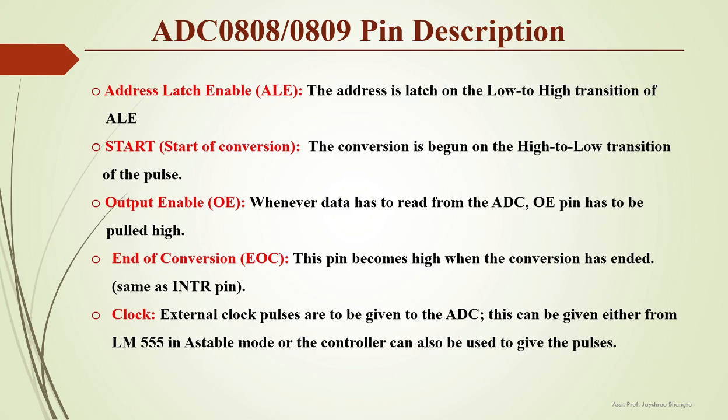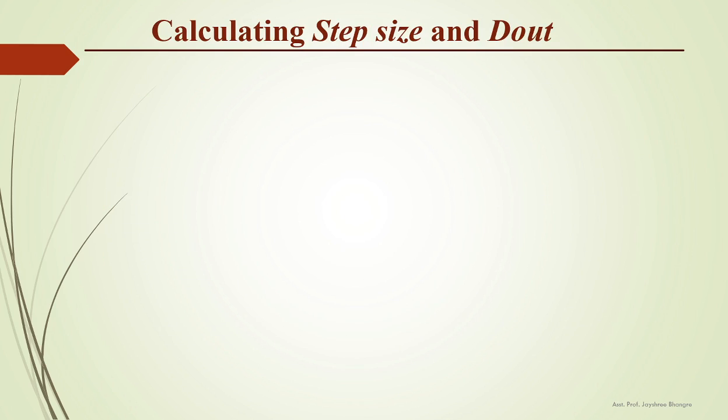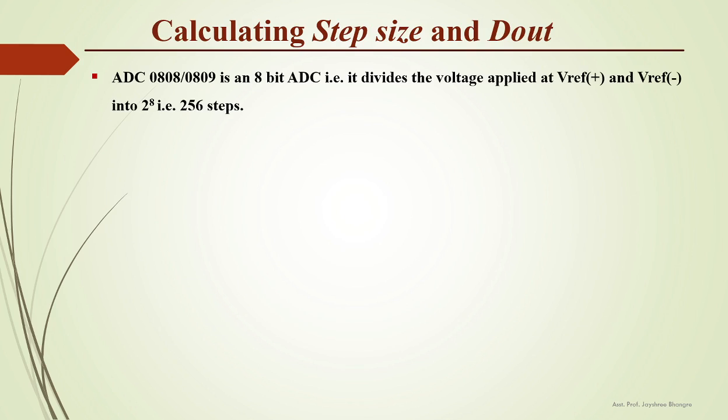This can be given either from LM555 in astable mode, or the controller can also be used to give the pulses. We can calculate the step size and output. This ADC 0808 or 0809 is an 8-bit ADC, and it divides the voltage applied at Vref plus and Vref minus inputs into 2 raised to 8, that is 256 steps.